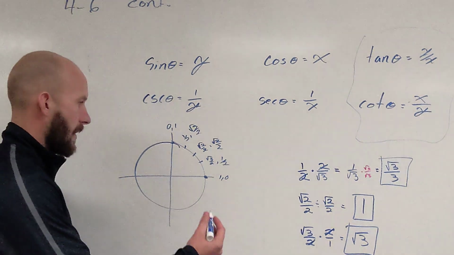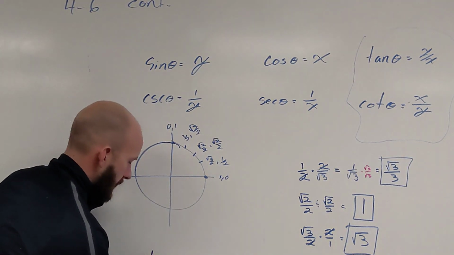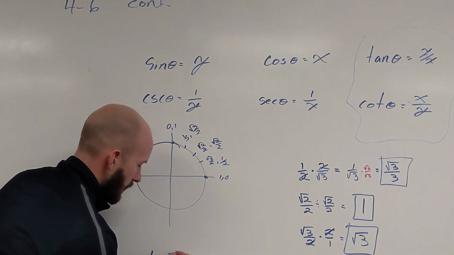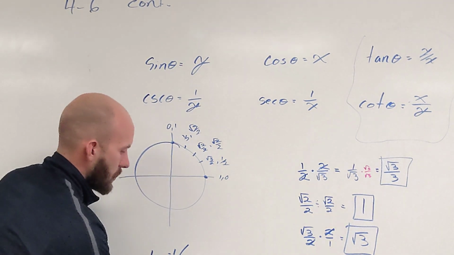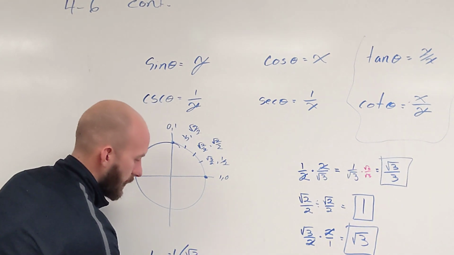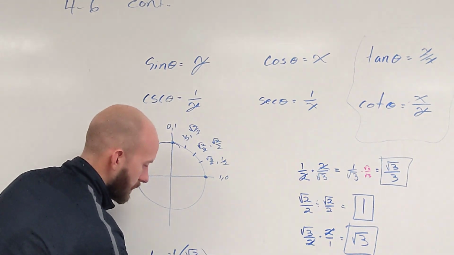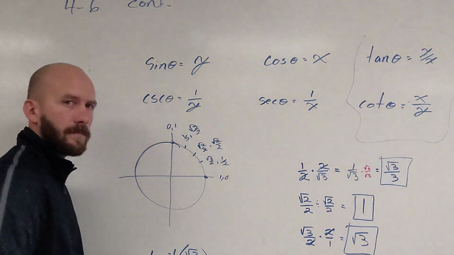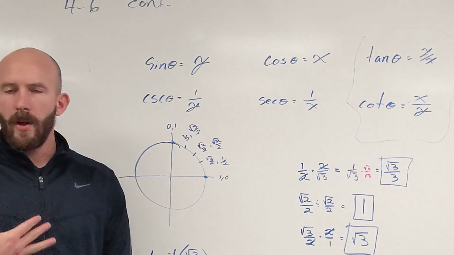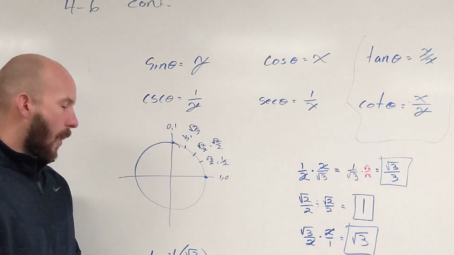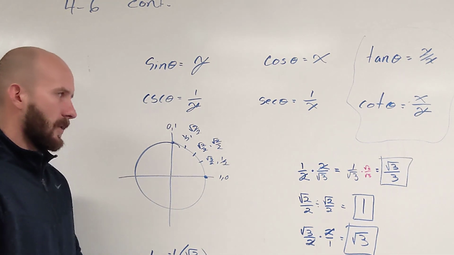So when I start looking at things like tangent inverse of, say, square root of 3 over 3, okay. The way I think about this, I'm looking for at what angle is tangent this.